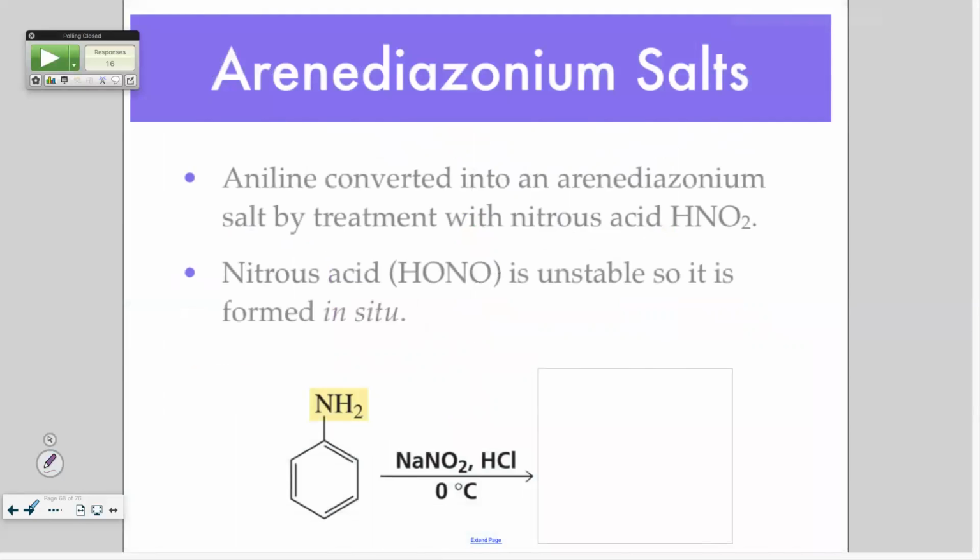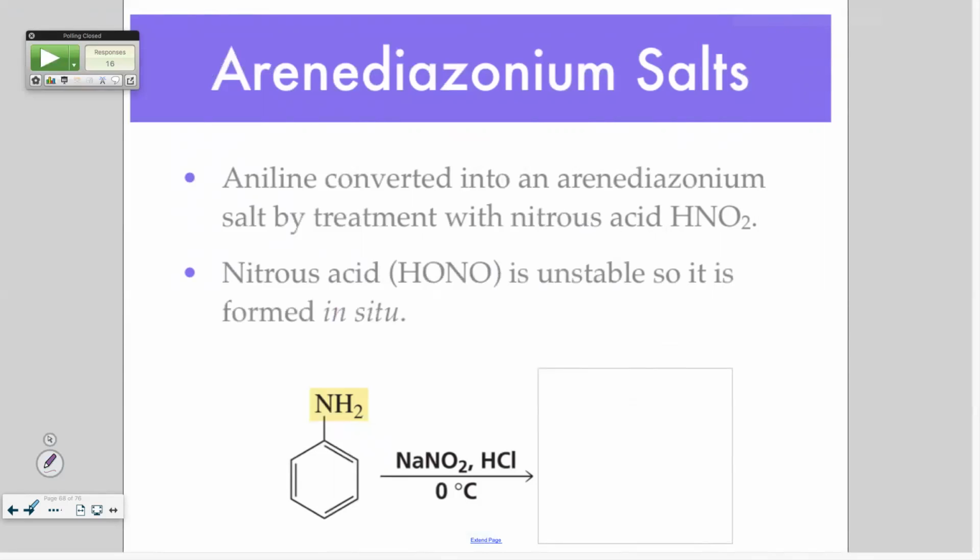Okay, diazonium salt. Once you get aniline, so you got nitrobenzene, you reduce it to aniline. You can convert it into an arene diazonium salt by treatment with nitrous acid. So what is nitric acid? Nitric acid is HNO3.